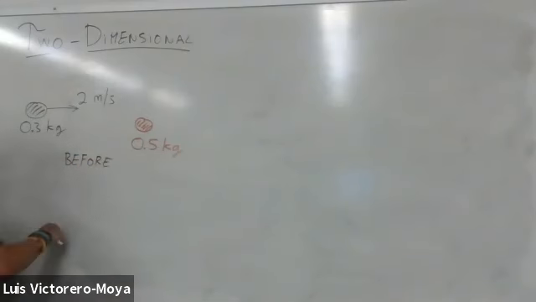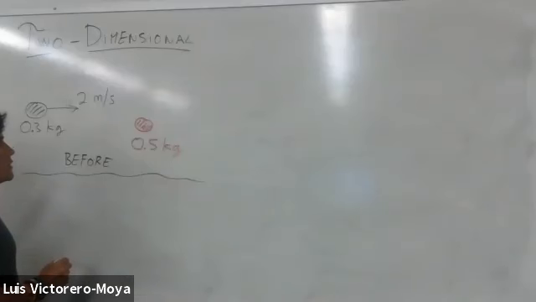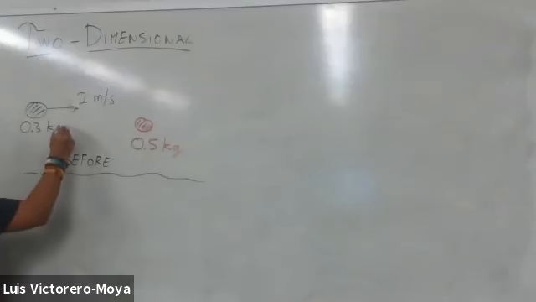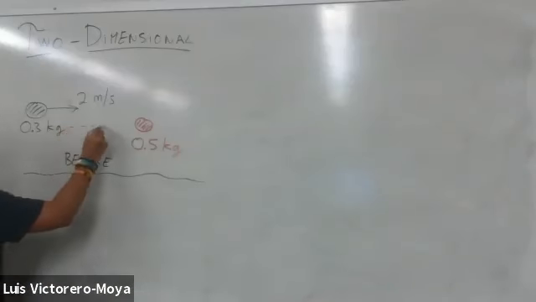After the collision, there's going to be a collision. This line is going to be like your reference, because you are going to have a line of sight like this and a line of sight like this.